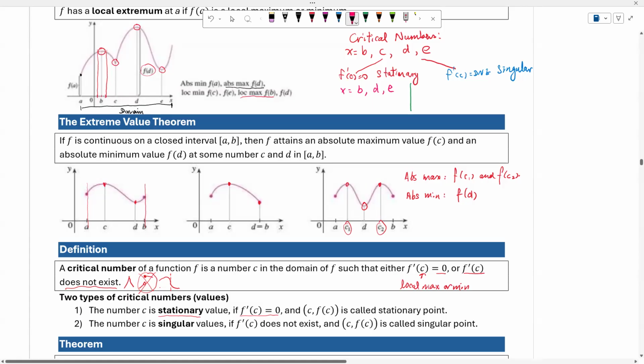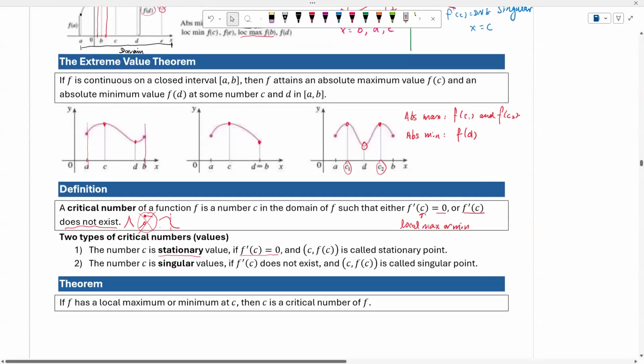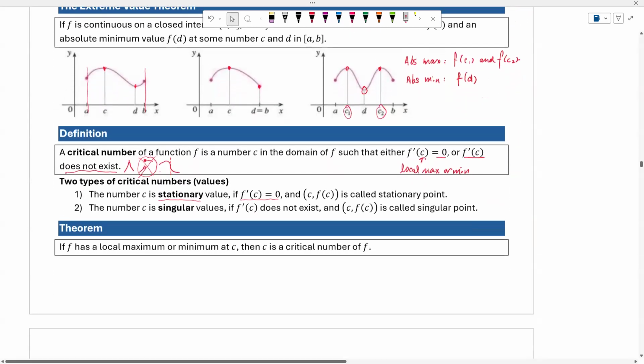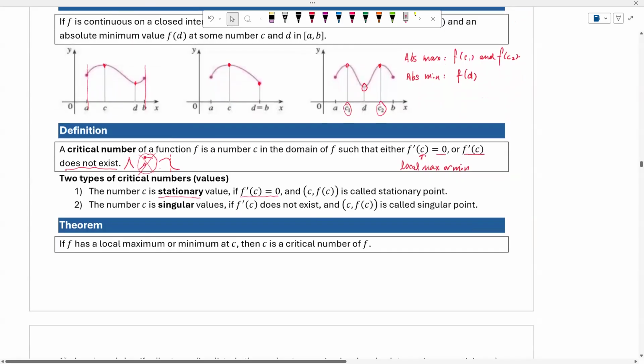For the singular, it is when x = c. Another theorem: if f has a local maximum or minimum at c, then c is a critical number, just like what we mentioned here.